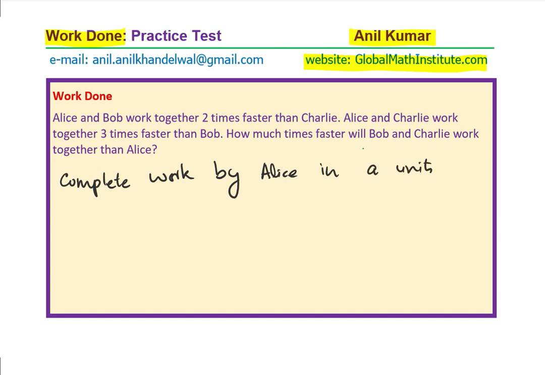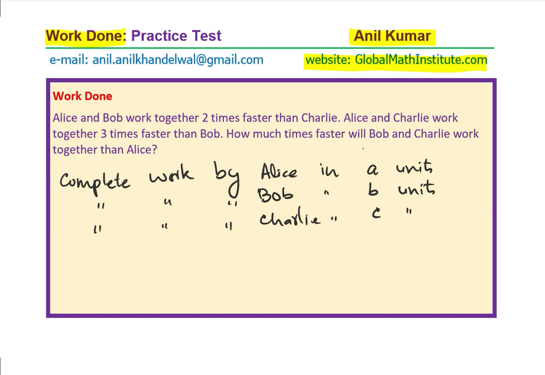Units could be hours, days, whatever, depending on the work. Similarly, complete work by Bob will be in, let us say, B units. And complete work by Charlie in C units, right? So this is the complete work done.